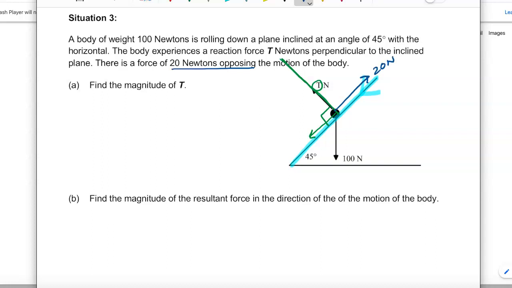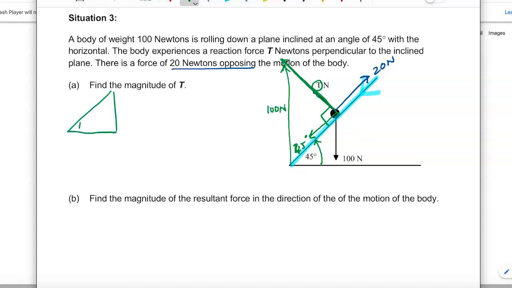So what we first want to do is find the magnitude or the size of T, our reaction force. So if we consider that we've got a 45-degree inclination, we've got this force travelling up in its direction, and obviously it's counteracting that 100 Newton weight of the body. We can just rearrange to see a nice right-angled triangle here.